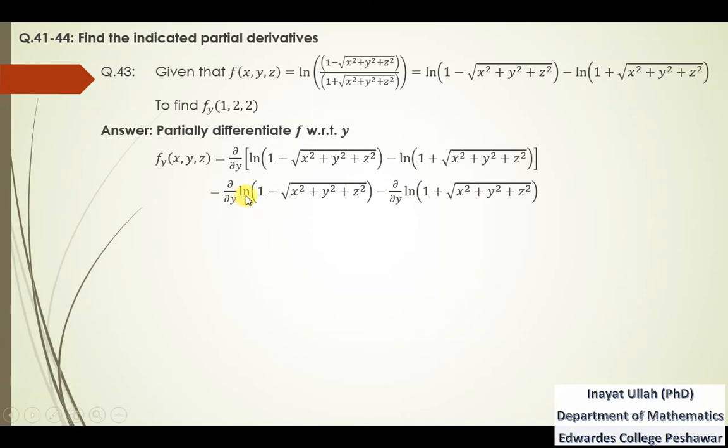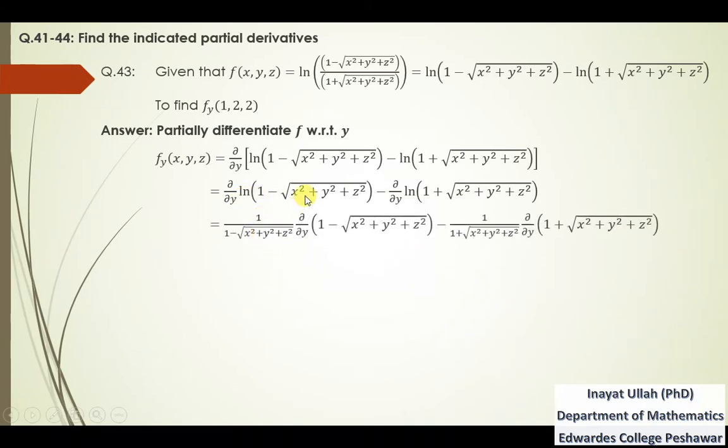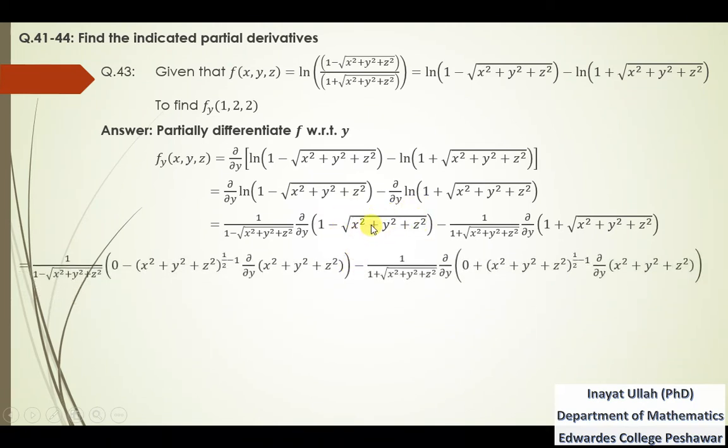So the derivative of log of u is 1 by u times del y of u again. Now the partial derivative of this whole function with respect to y: the partial derivative of 1 is 0, and the partial derivative of this is whole power 1 by 2. So with the whole power 1 by 2, that is the extended power rule, dropping 1 by 2 here.